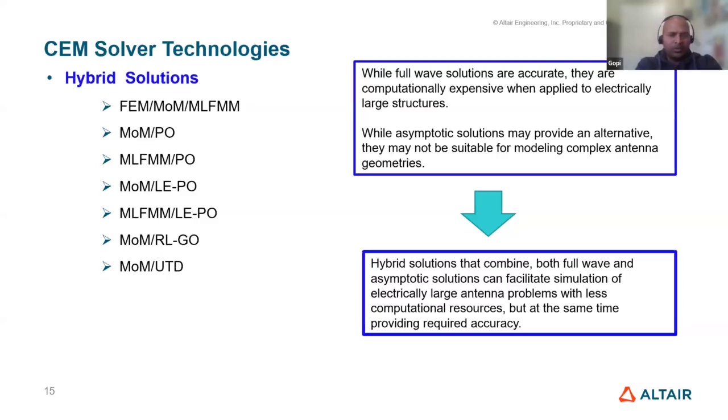This way, you don't need to discretize the free space between them. Okay? So this is how the hybridization can help to solve a given problem more efficiently, especially that can save both memory and time. Okay?